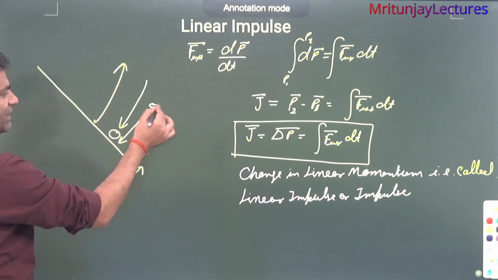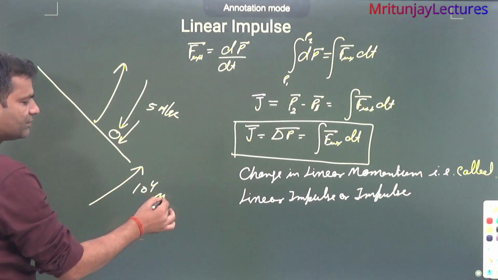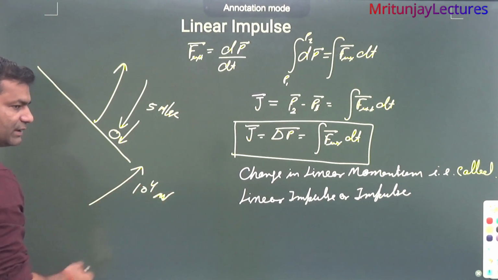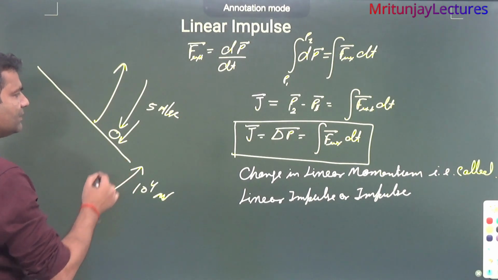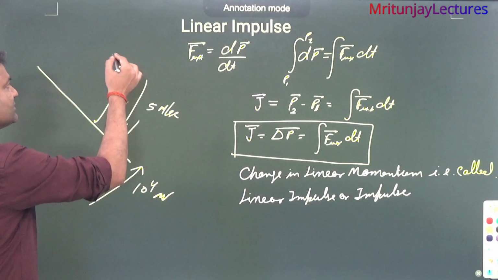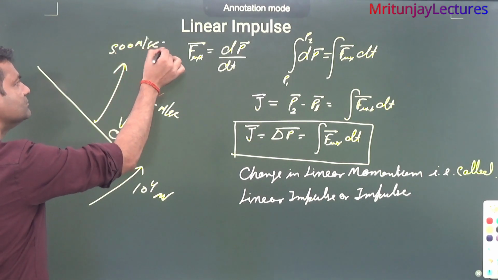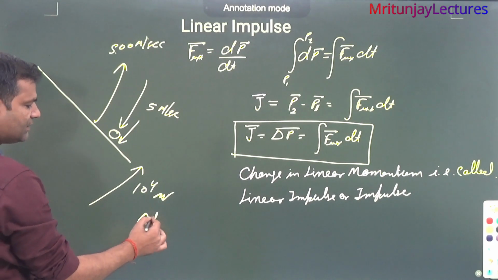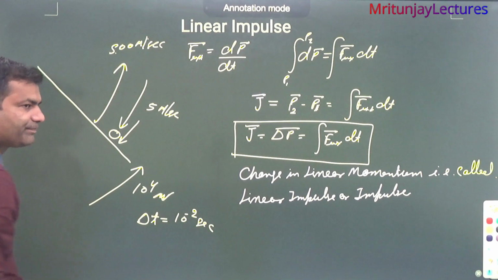Suppose the force exerted by the bat on the ball is 10 to power 4 Newton, then the ball goes at about 500 meter per second. And delta t is equal to 10 to power minus 2 second.